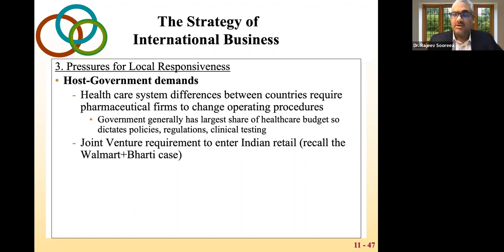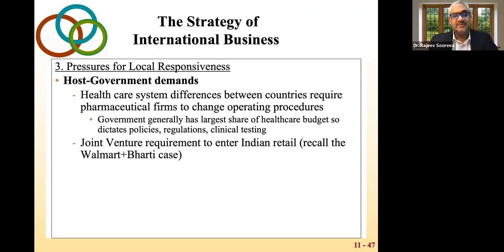Another example of local responsiveness pressures is the host country government demands. Right? How is the government wanting you to be there, right? Are there any specific requirements that the government has in that country, and you need to honor that, right?